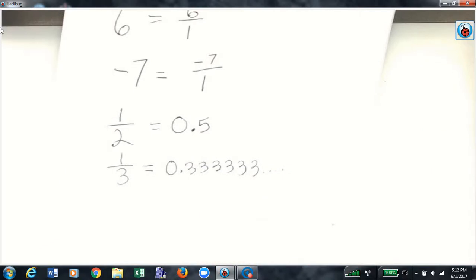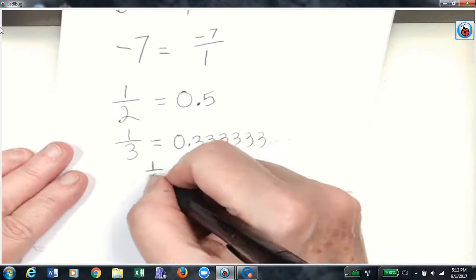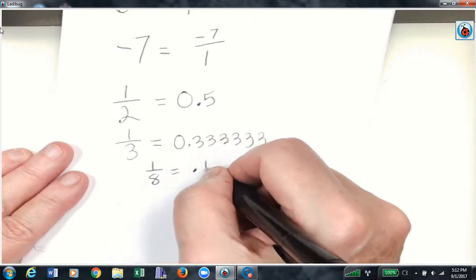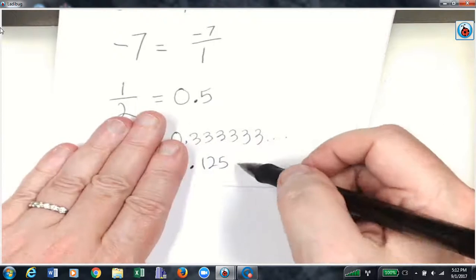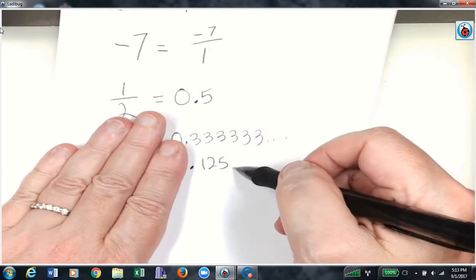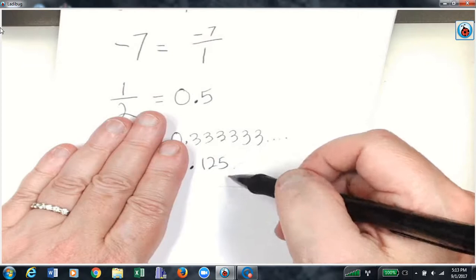Okay. So the number 1/8, that's 0.125. So if I just saw this, I would say, yes, that is a rational number because it's a decimal and it terminates.